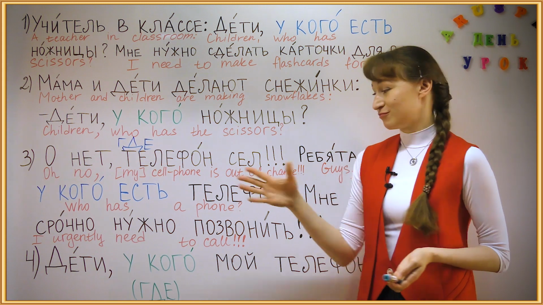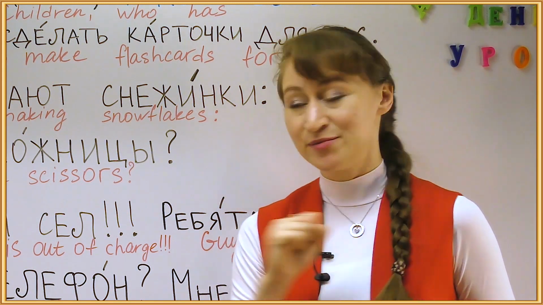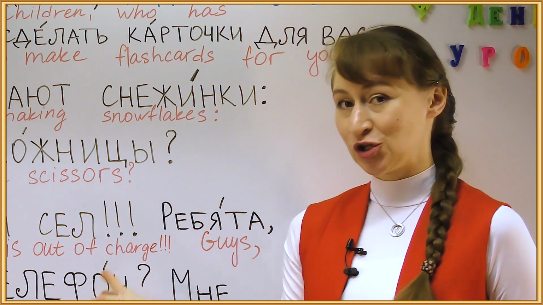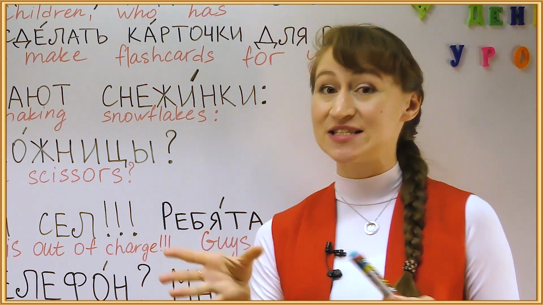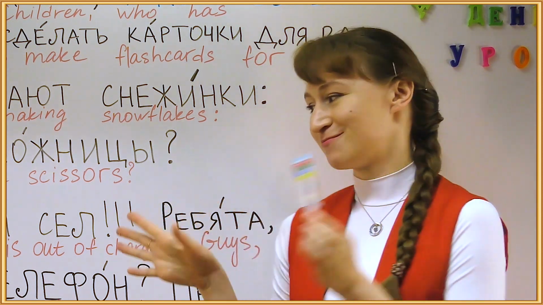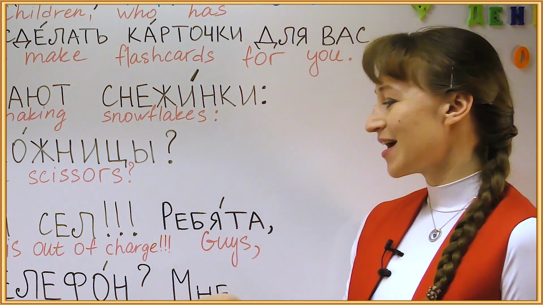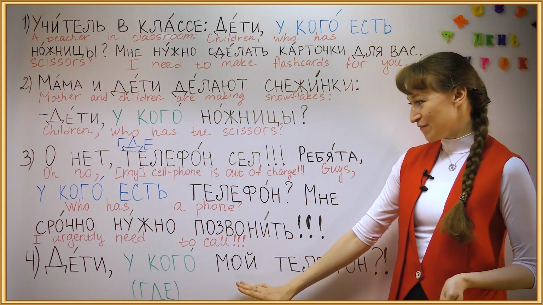Any phone, right? So, we use есть here because we don't know whether it exists or not. Maybe none of your friends has a phone at the moment. Who knows?